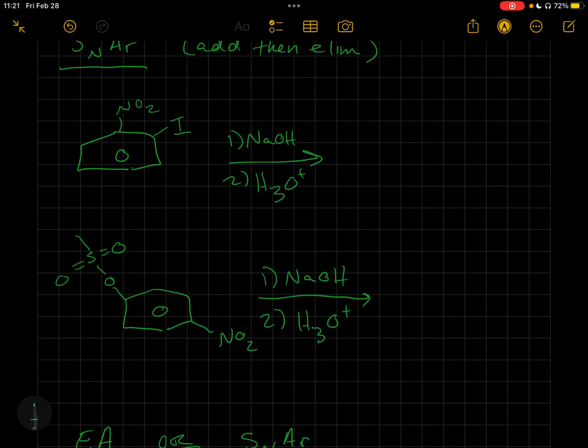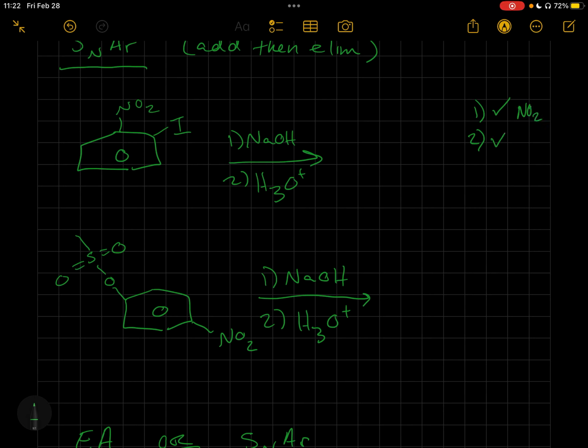So the first one, we have a nitro and an iodine attached. Iodine is a good leaving group. Let's go through the list of things. Step one, have a nitro group or a very strong electron withdrawing group. We've done that. Step two, have a leaving group. And we have a leaving group.